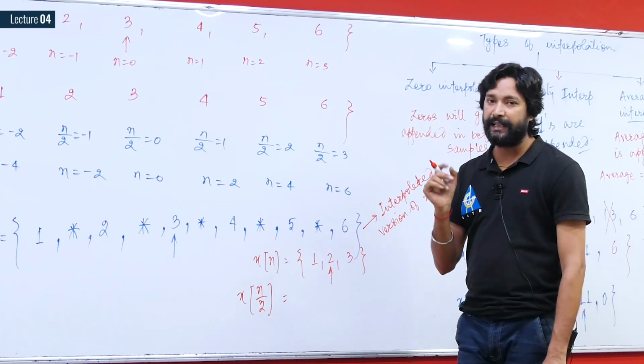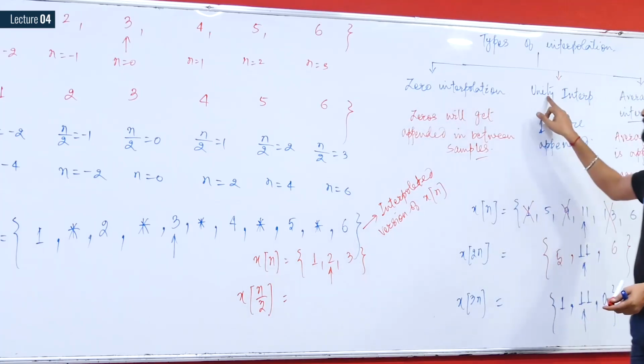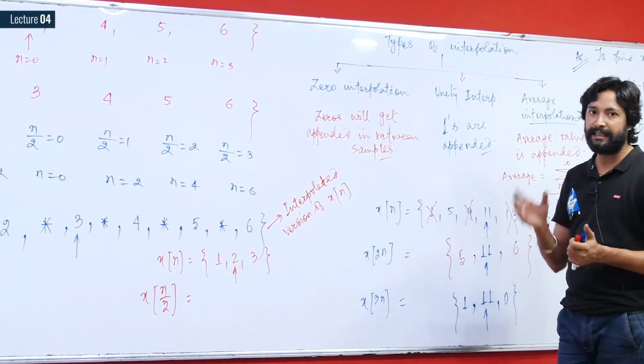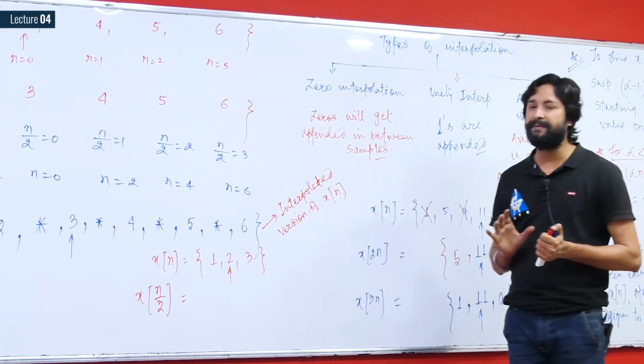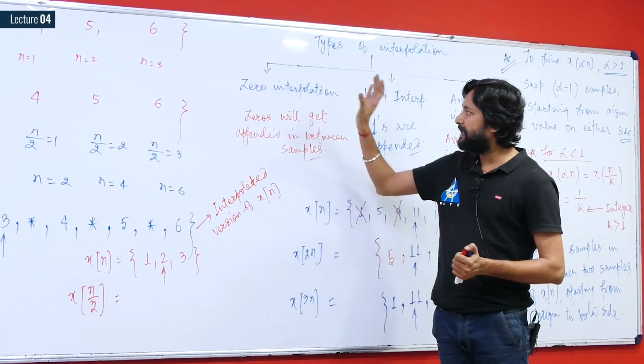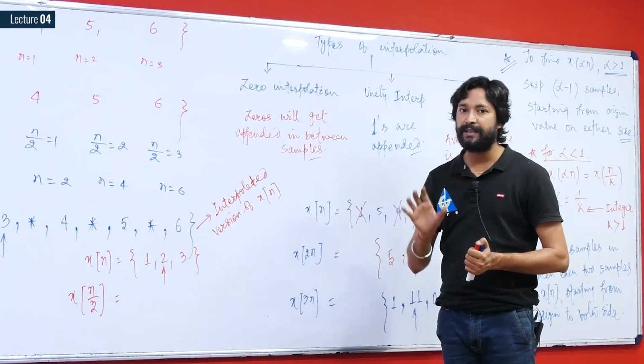So you will have to take k minus 1 samples. Now these samples can be zeros, can be unity, that is 1, can be average, can be linear average, can be anything that is given to you. Unless specified, you will have to append zeros in between. Unless specified, we take only the case of zero interpolation, where we interpolate zeros in between the sample values.